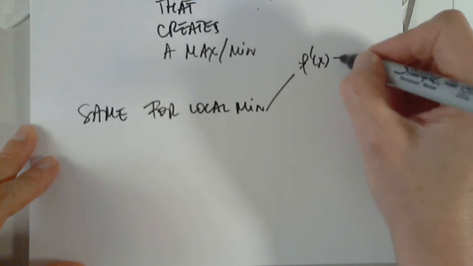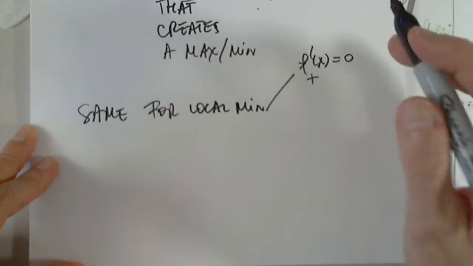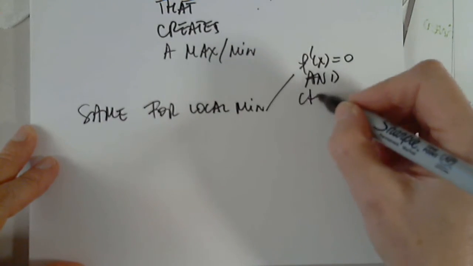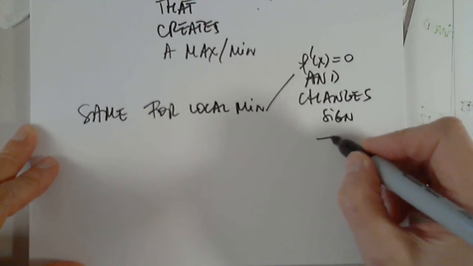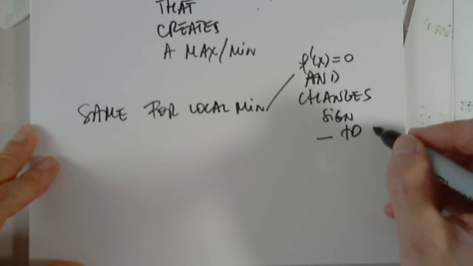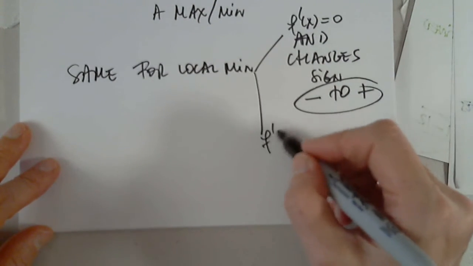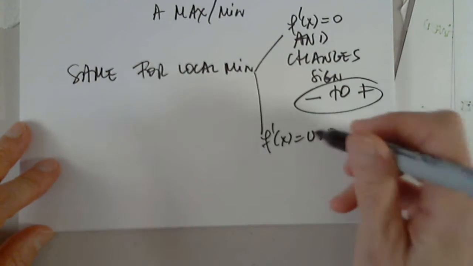F prime being 0, I shouldn't put plus because I don't want it to confuse you, and changes sign negative to positive, or F prime undefined and where the function is defined.